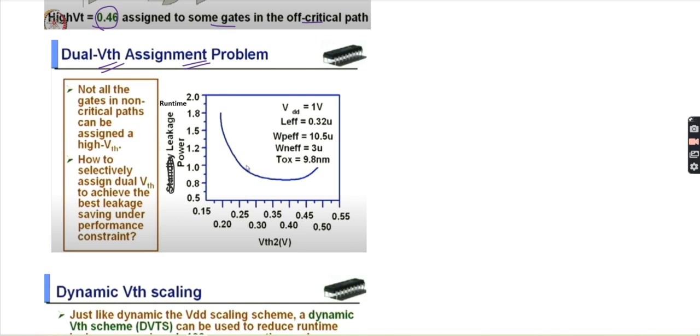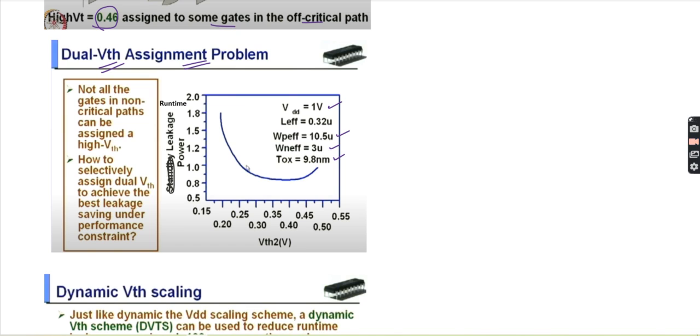You can see here we are applying VDD equal to 1 volt. The effective gate length is 0.2 micrometer. The effective width of PMOS is 10.5 micrometer. The effective NMOS width is 3 micrometer. The oxide thickness is 9.8 nm. These are some of the parameters we are using here.